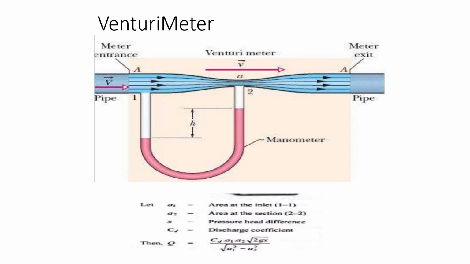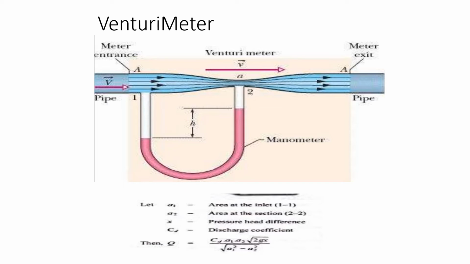The discharge can be measured using the formula: coefficient of discharge into A1 A2, that is area at point 1 and area at point 2, root 2GH divided by square root of A1 square minus A2 square. The manometer is connected between point 1 and 2, that is at the main pipeline and at the throat.